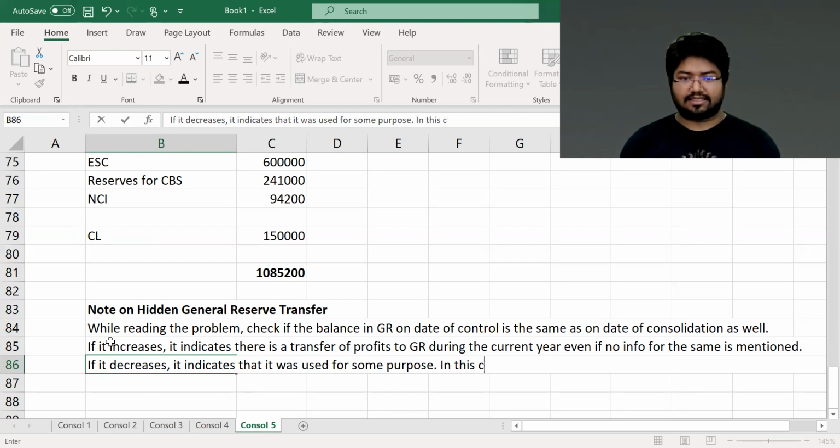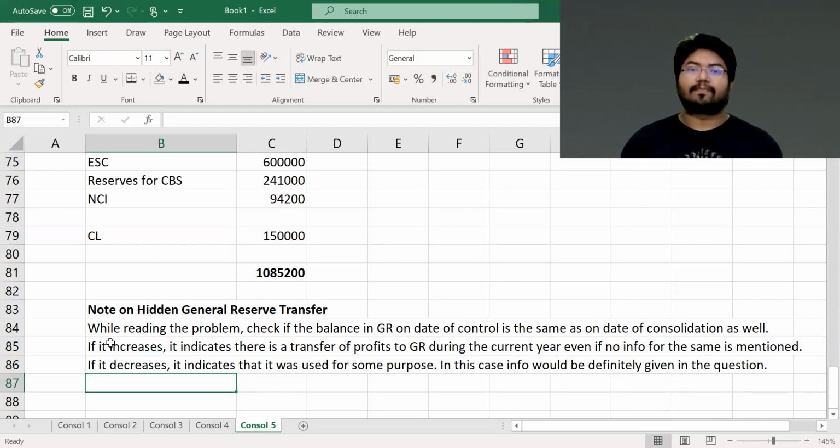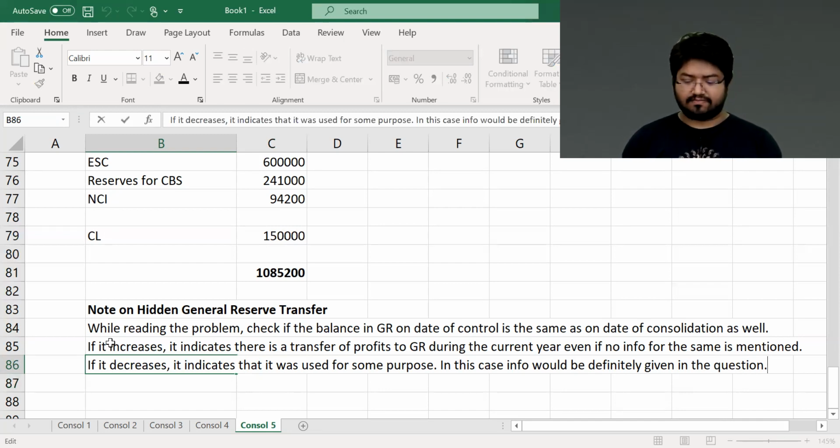In this case, info would be definitely given in the question, either directly or indirectly.